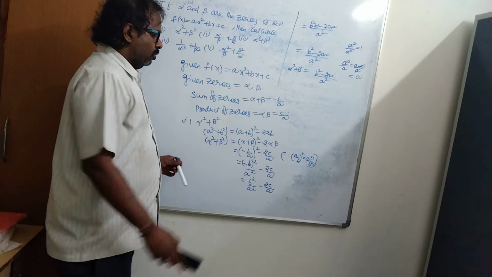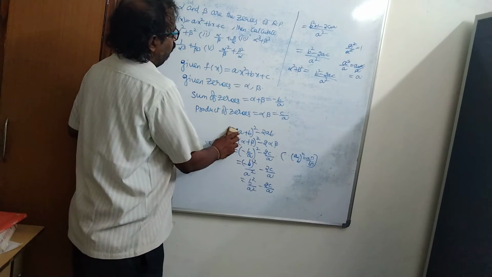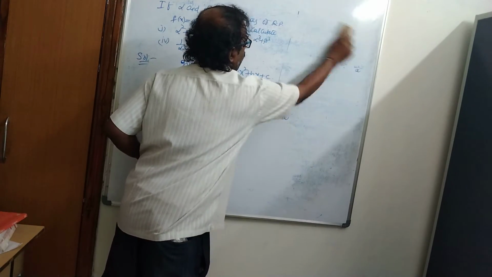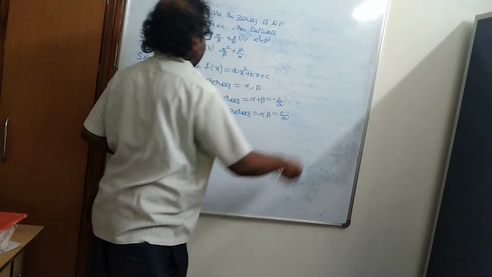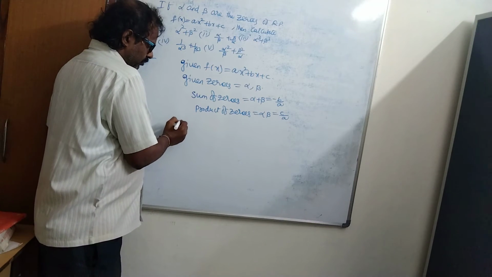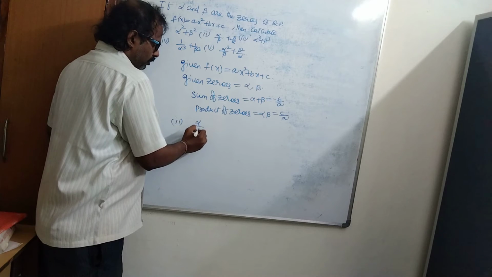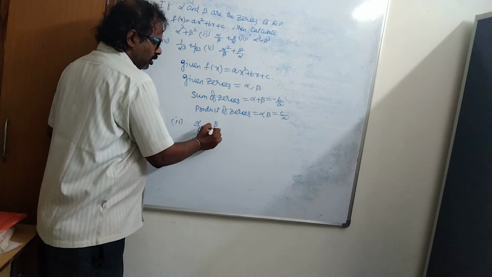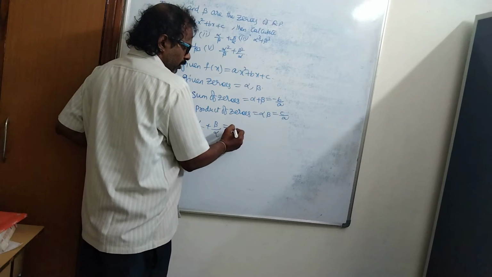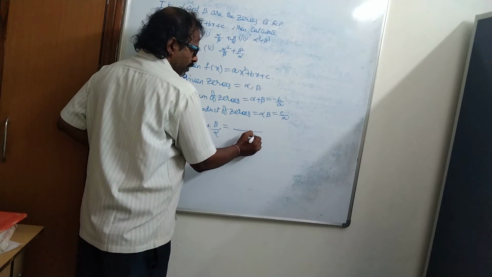Okay, the next one is alpha by beta plus beta by alpha. So the second one, alpha by beta plus beta by alpha. The LCM for the denominators beta and alpha will be alpha beta.